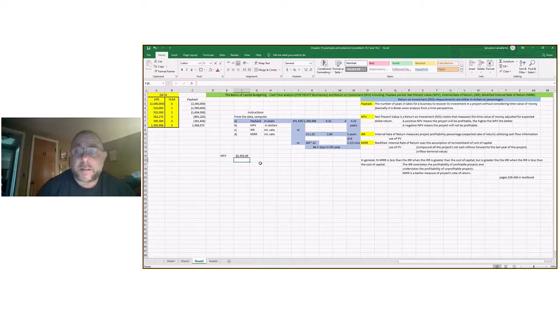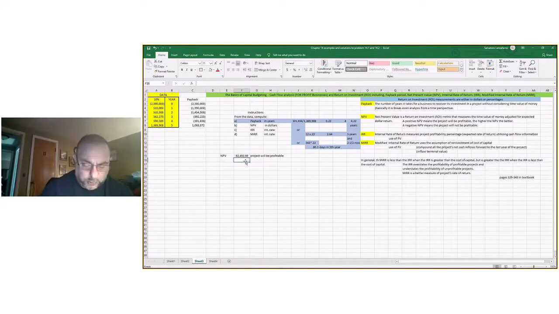So automatically, because I got a positive result, that means that this project is going to be profitable. If it had been negative, then I know this project would not have been profitable. Now, if I'm comparing this data to another one, and this NPV is higher than the other one, then this one's better. So because we got a positive value, the project will be profitable.